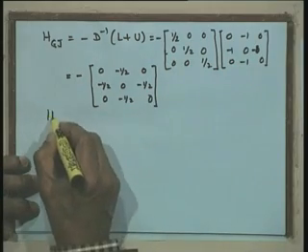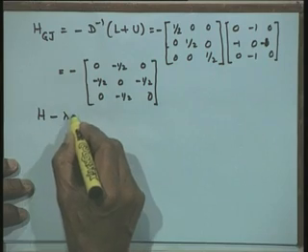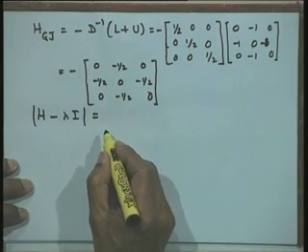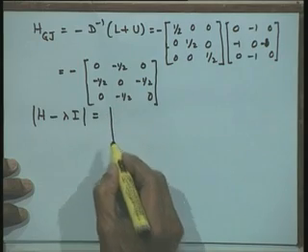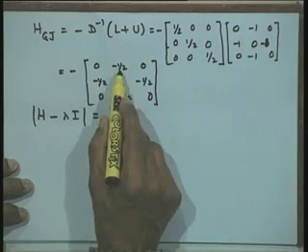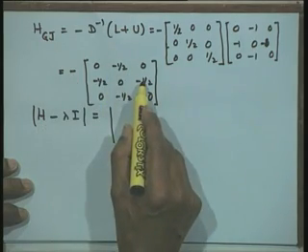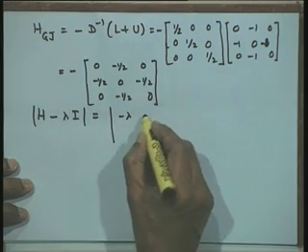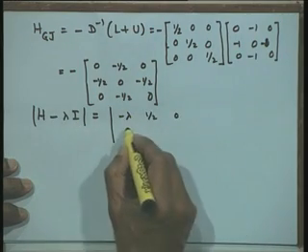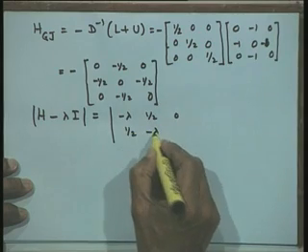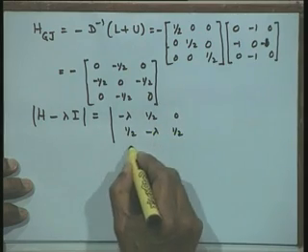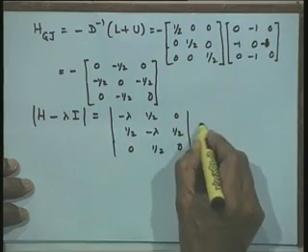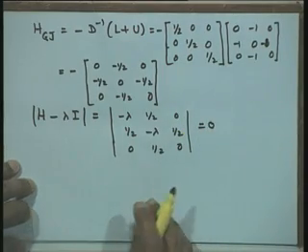Let us drop the suffix and simply write the determinant of H minus lambda I. Let us absorb the minus sign inside. So all these are positive quantities and I am subtracting lambda I. Therefore, I will have minus lambda, plus half, 0; plus half, minus lambda, plus half; 0, plus half, minus lambda. This determinant is equal to 0.